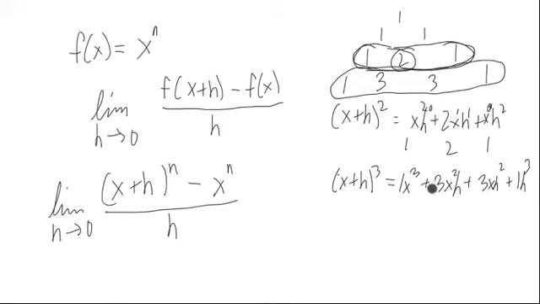Now, we can keep going, but in general, it might be instructive to realize that this whole bit right here, we can factor h out of. And then we get something like this. But it's nice to know that h is in there. You also notice you can factor h out of that.